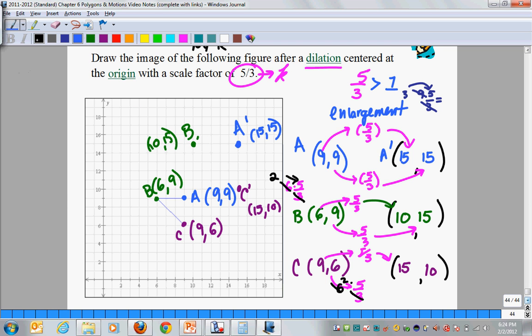You can see here that our new image is larger. It's larger by 5/3. We dilated our original image, which was this, by 5/3, and we got up here, this, right here. And we expected it to be larger because our K factor was greater than 1.